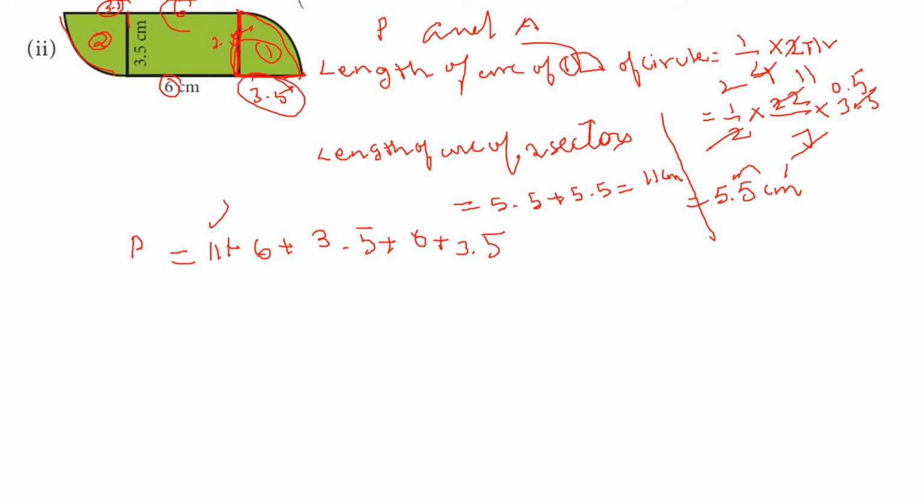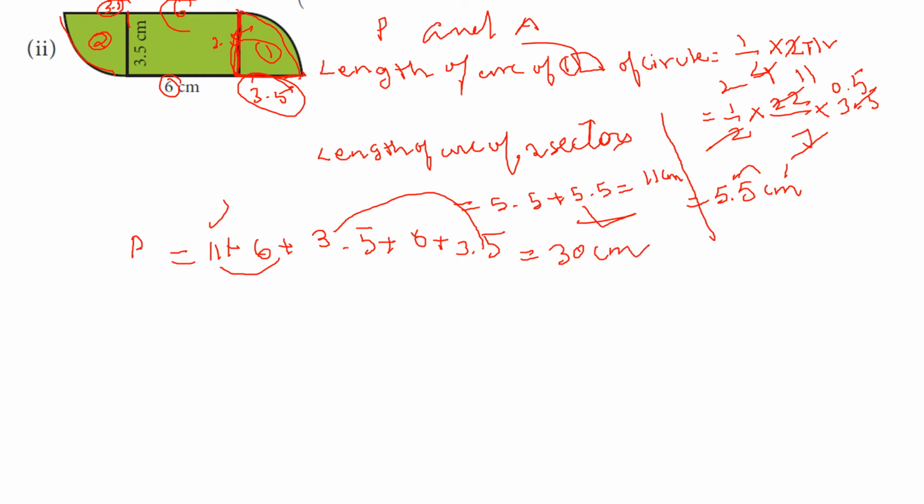Add it: 11 plus 6 is 17, 3.5 plus 3.5 is 7, so 17 plus 7 is 24, plus 6, 30 centimeter.